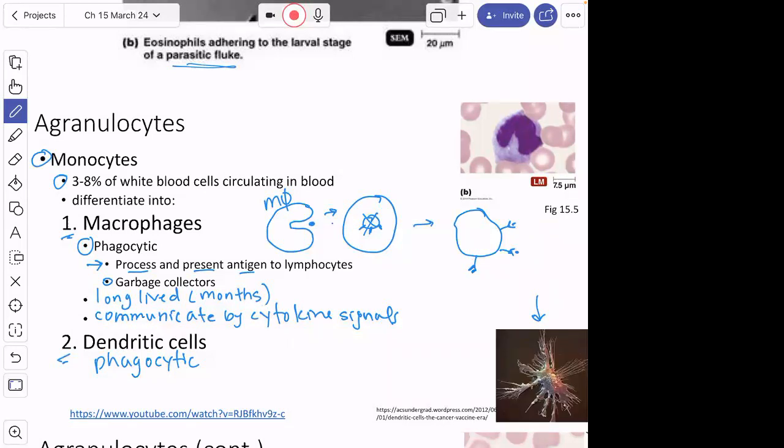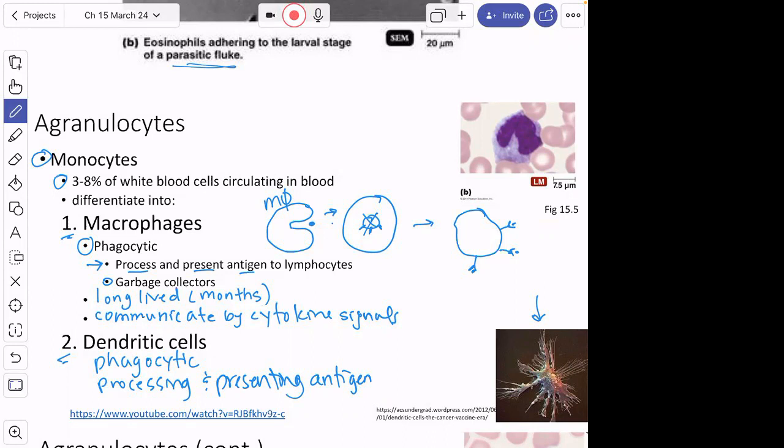But these cells are also really good at processing and presenting antigen. So they can present that antigen on those long, spindle-like fibers. Processing and presenting antigen, those are its two functions.